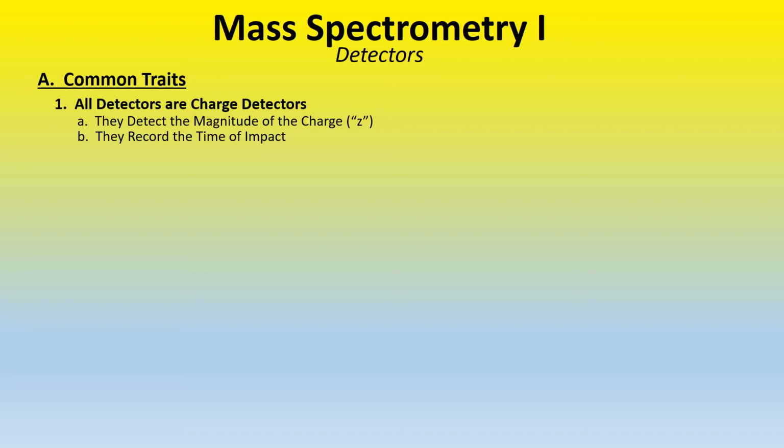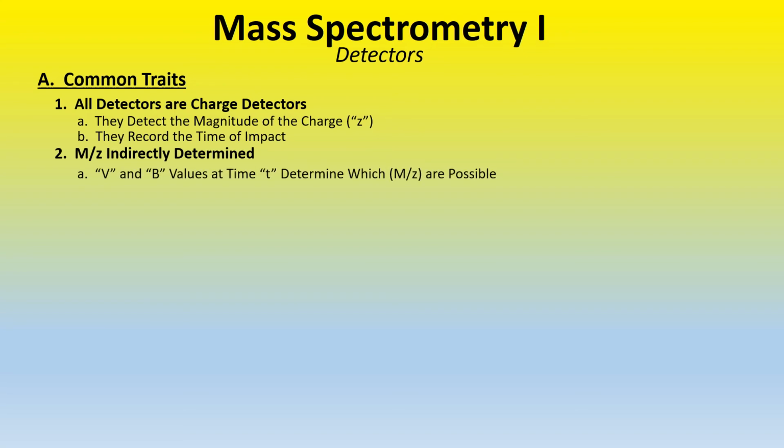The molar mass, or the M sub Z ratio, is therefore always indirectly determined. Given a set of voltage and magnetic field values at a given time, that will determine which M sub Z's are possible at that time.